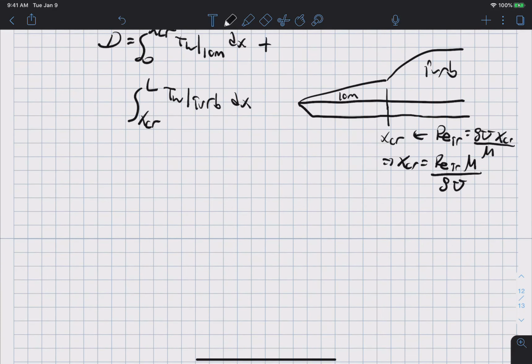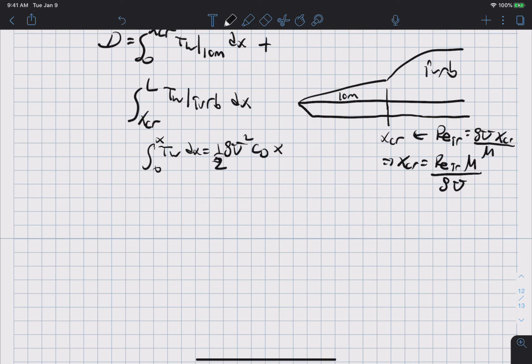And so if we recall that the integral of tau wall from 0 to some x, dx, is equal to 1/2 rho U squared CD times x.